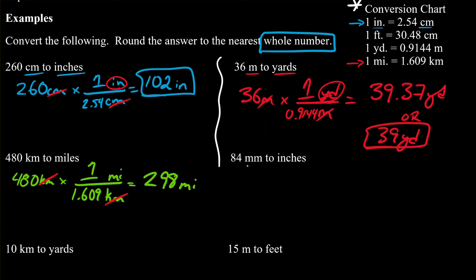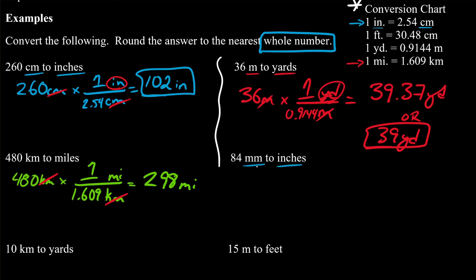Can we go straight from millimeters to inches? I don't see millimeters anywhere on here. But what I can do is go from millimeters to another metric unit, and then from that other metric unit, I can get to inches. Inches and centimeters are related to each other.